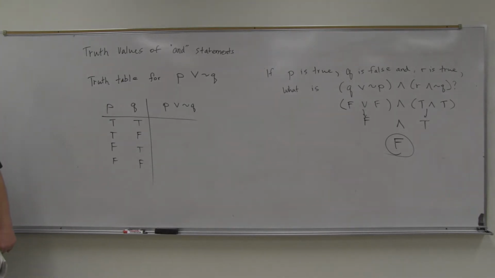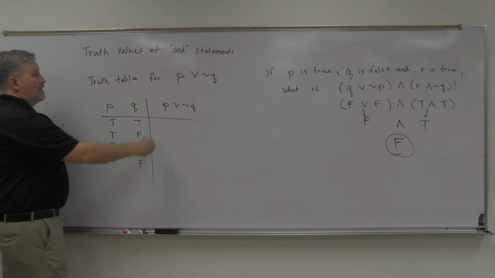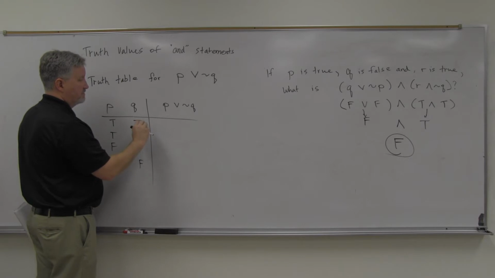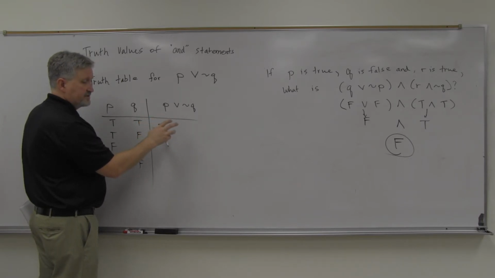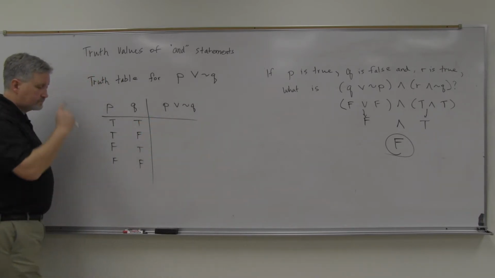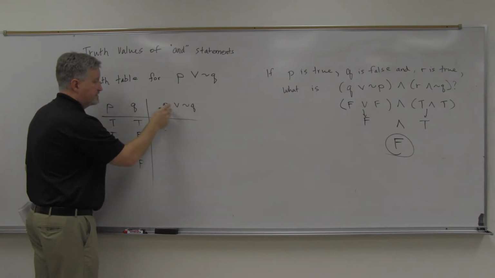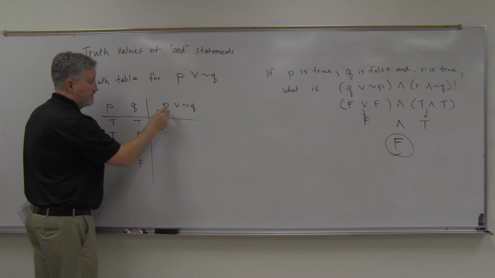Over here, then, we're going to do our P or not Q statement. Now here's the way I typically do it. What I like to do, and when it gets more complicated, I think this helps you condense it down a little bit, is underneath each of these component parts, just put the truth values that this is.